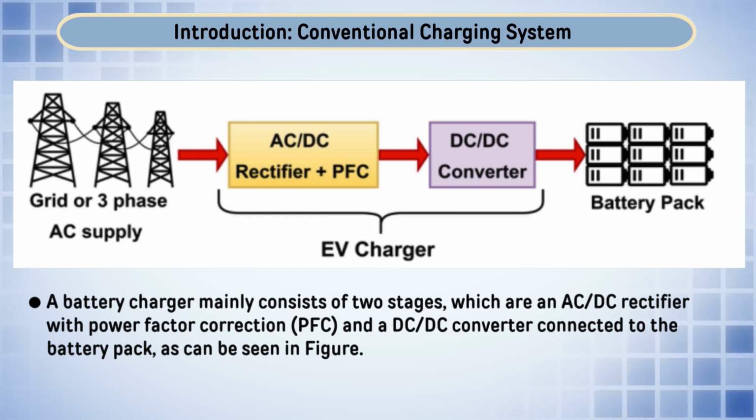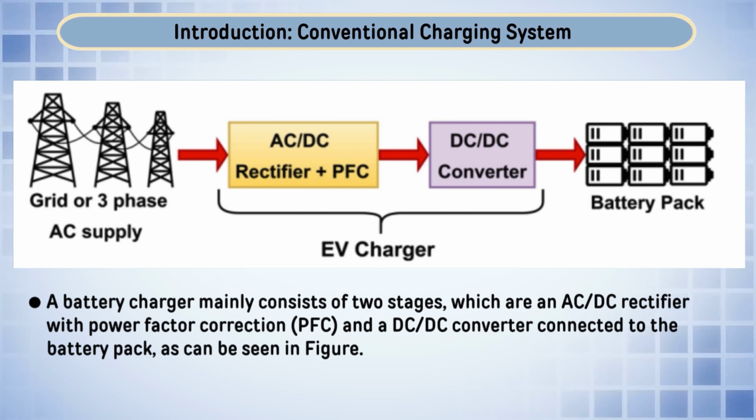Till now in India, we have developed grid to vehicle technology, where these are unidirectional chargers. Most of the on-board chargers are unidirectional in nature, so we can draw the power from the electricity grid and charge our vehicle.